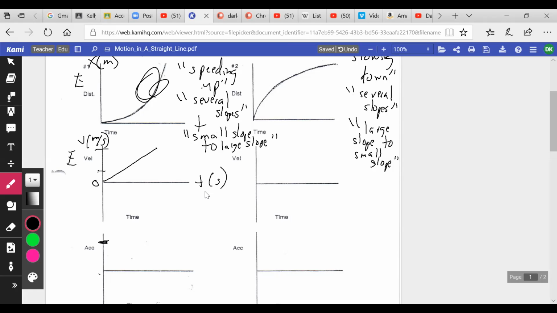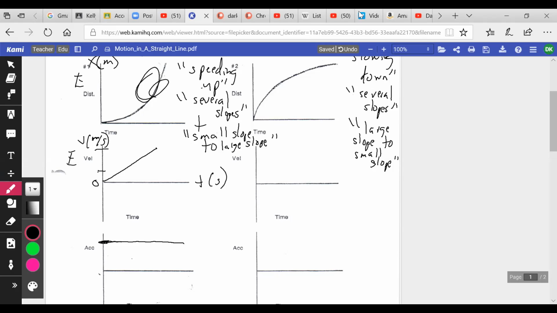Just a horizontal line. It would be a horizontal straight line, yes. Because this would show that the acceleration doesn't change forever. It's constant. Let's say that that's 2 meters per second squared. It's going to stay that way to infinity.